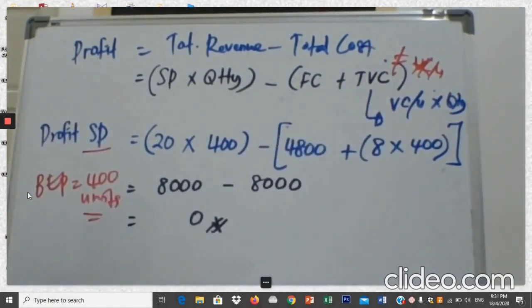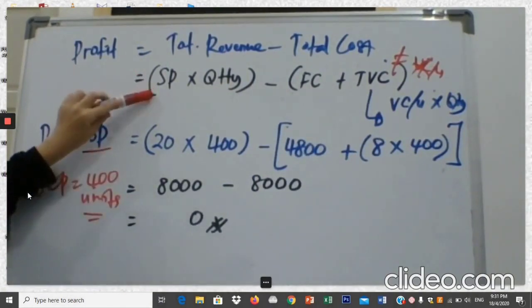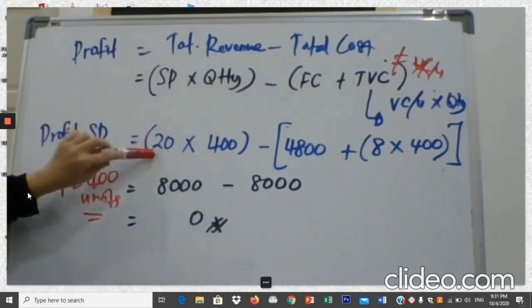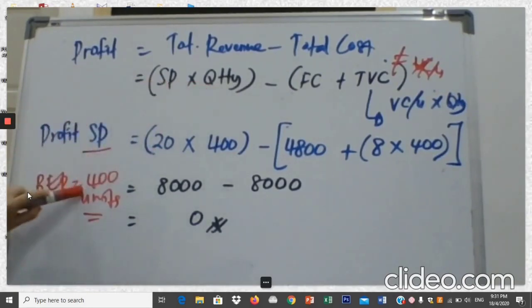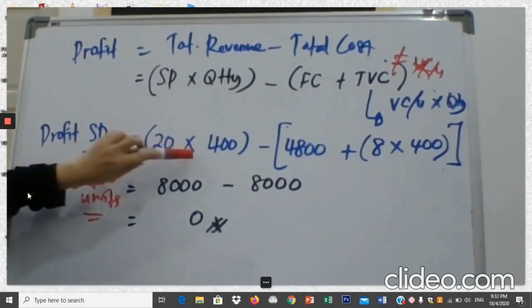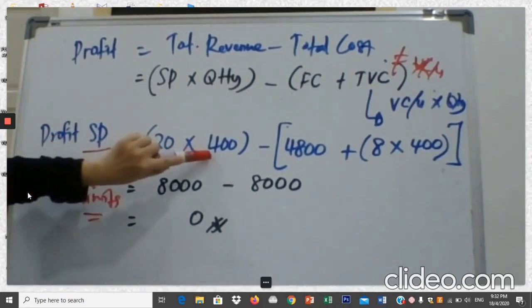Okay, so now let's calculate profit for Sungai Petani. Selling price as given in the question is 20 ringgit times the quantity that we want to use over here, which is the break-even point quantity. Kita nak tahu betul tak by producing 400 units the company will get zero profit. So we use 400.